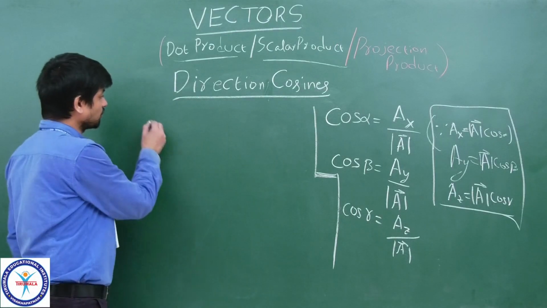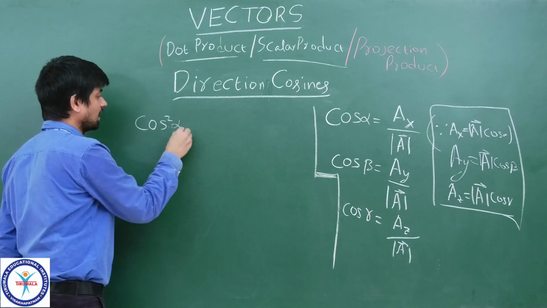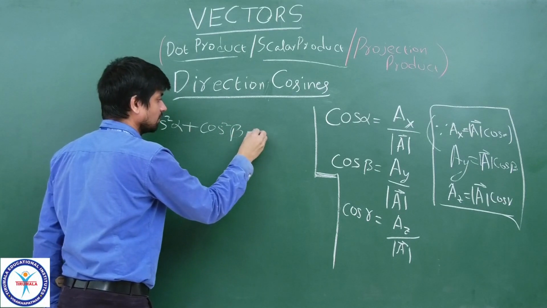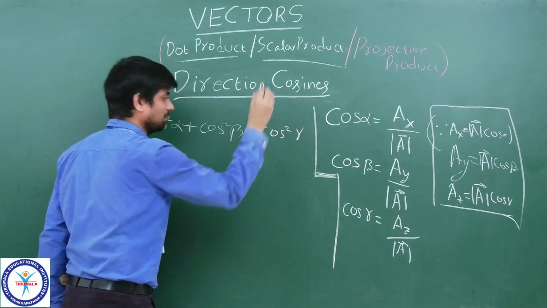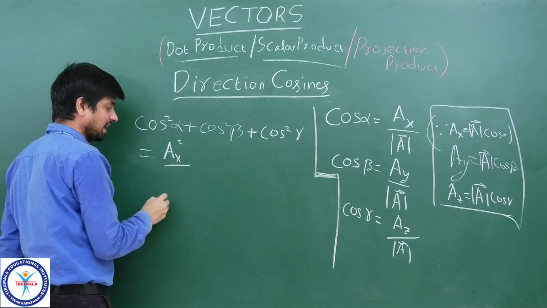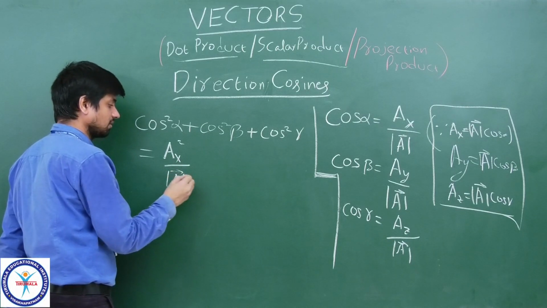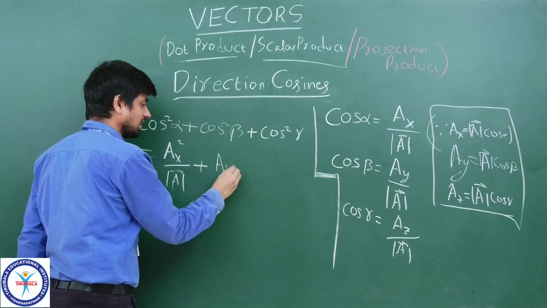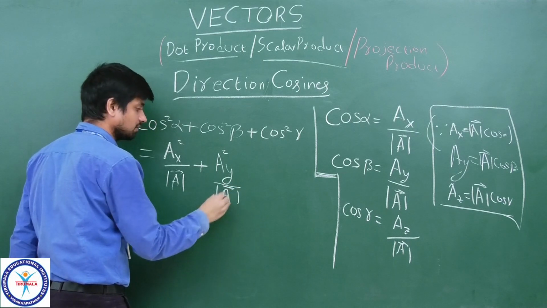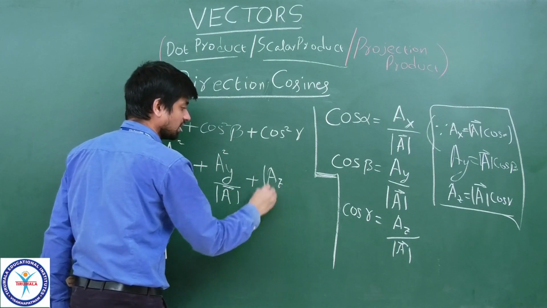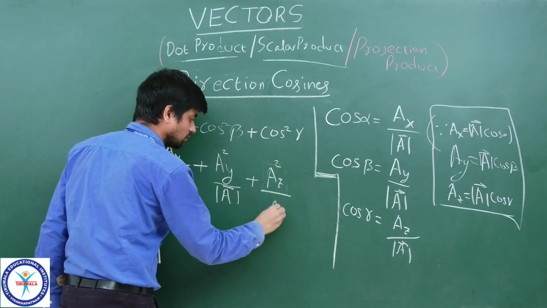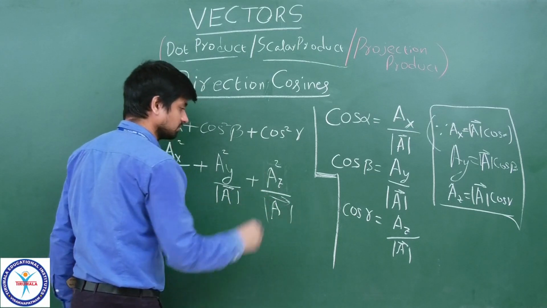Square them: cos square alpha plus cos square beta plus cos square gamma equals Ax square by modulus A square plus Ay square by modulus A square plus Az square by modulus A square. Yes children.